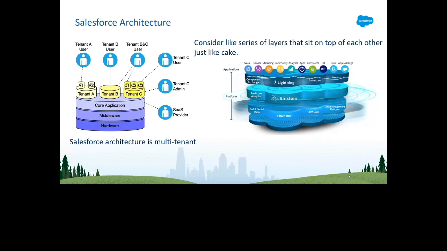If we talk about the Salesforce architecture layers, there are three main layers: application, platform, and the Salesforce layer, meaning the backend layer. In the application layer, you can say all of your pre-built applications like sales, services, marketing, community, and all of the apps, plus your custom apps, are placed in that layer.